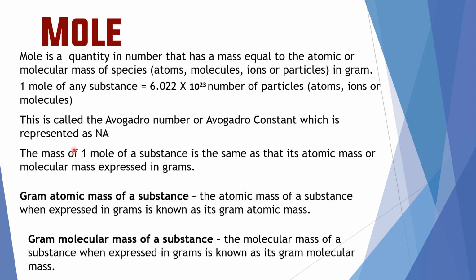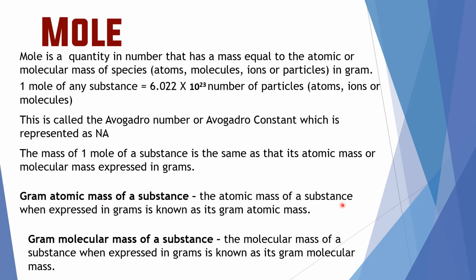So this line indicates that the mass of 1 mole of a substance is the same as its atomic mass or molecular mass expressed in grams. So we expressed that in gram. Then gram atomic mass of a substance. Atomic mass means mass of an atom.